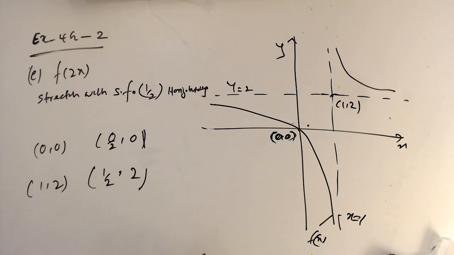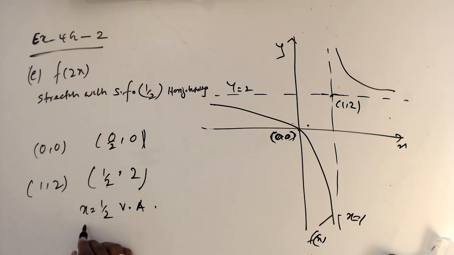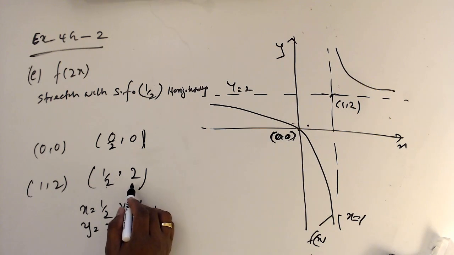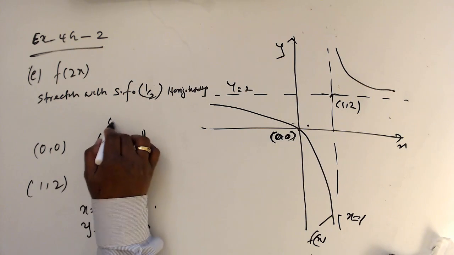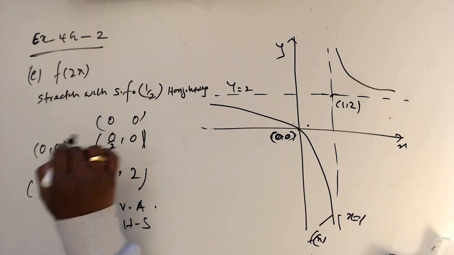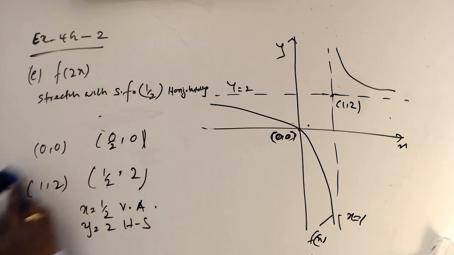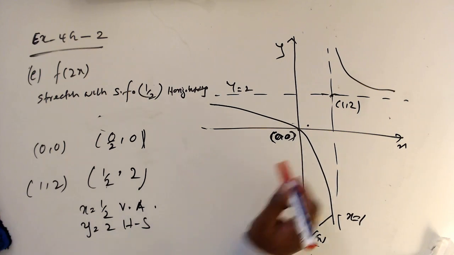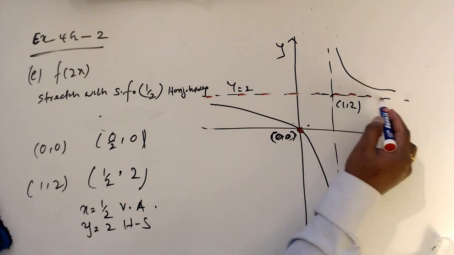The y value is fixed. Now what is the new asymptote? X equal half is the vertical asymptote and y equal 2 is the horizontal asymptote. The horizontal asymptote is still the same. Now this point becomes 0, 0. 0 divided by 2 is 0, so still 0, 0. So this point is still the same. Y equal 2 is still the same.